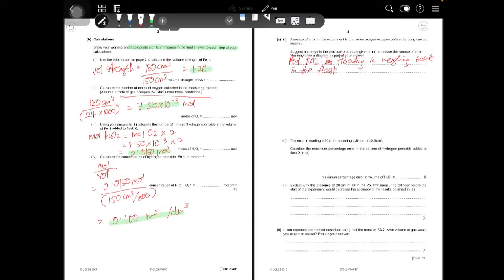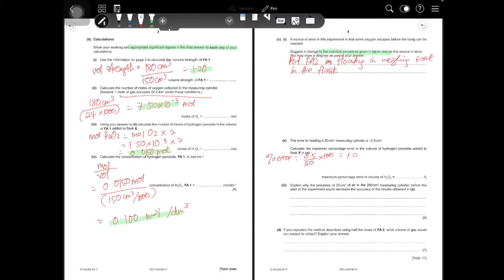For this question, you can draw if you want to. The error in reading of a 50 cm³ measuring cylinder is ±0.5 cm³. Calculate the maximum percentage error in the volume of hydrogen peroxide. So the percentage error is 0.5 cm³ divided by the total volume 50 cm³ and multiplied by 100 because this is a percentage.